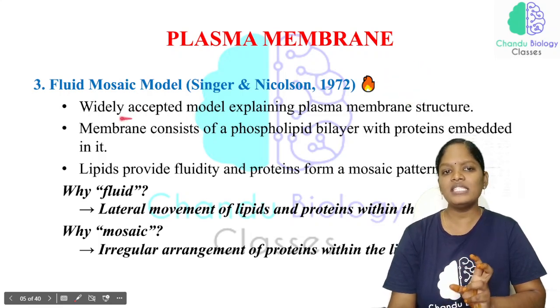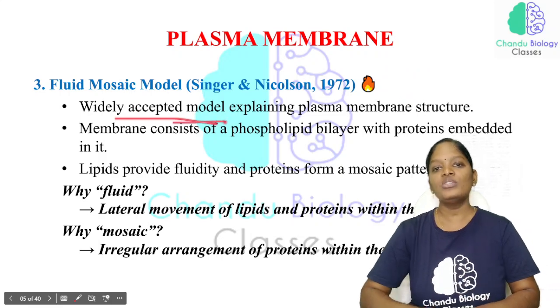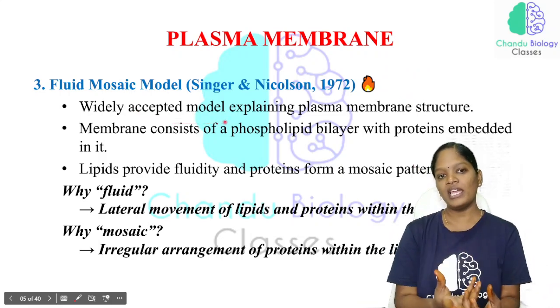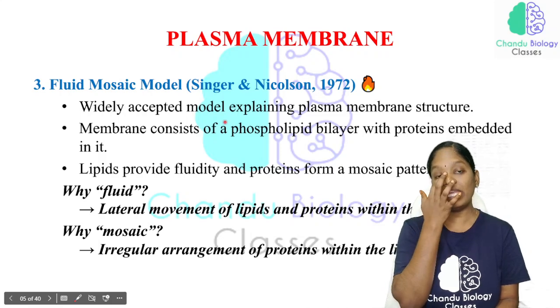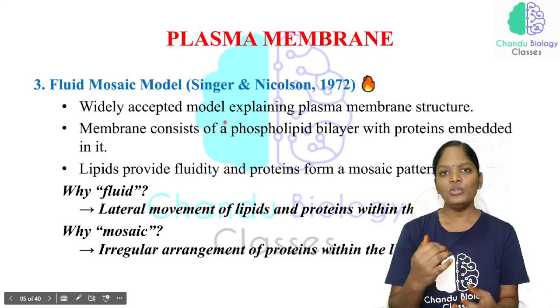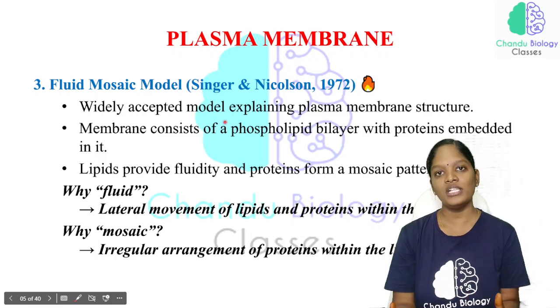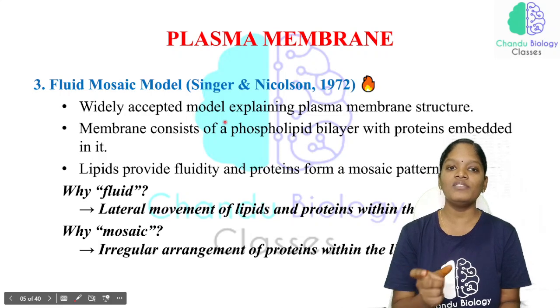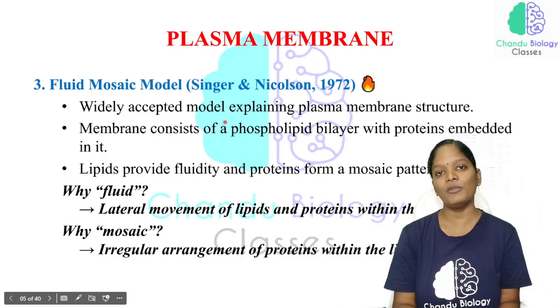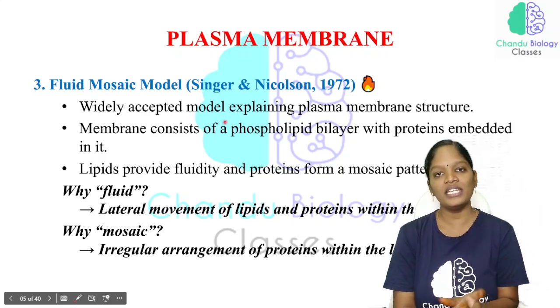Next, this is a widely accepted model. Do they have any other model? Of course, the plasma membrane has many models proposed by different scientists, but the most accepted model is the fluid mosaic model proposed by Singer and Nicolson in 1972.